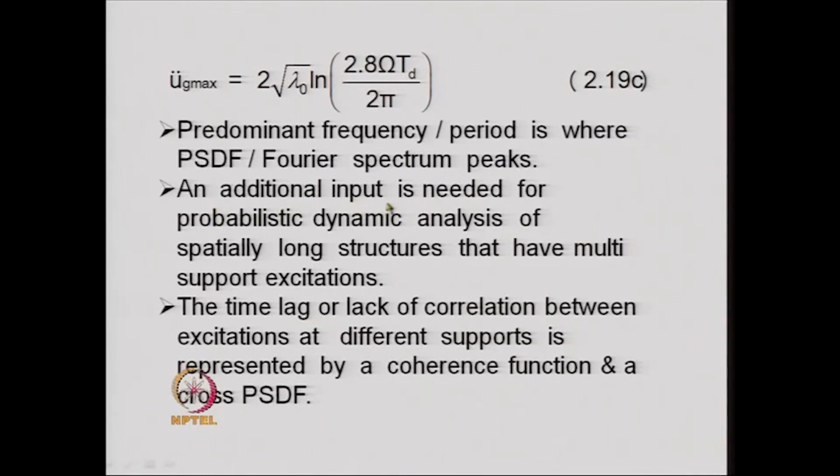An additional input is needed for probabilistic dynamic analysis of spatially long structures that have multi-support excitation. The time lag or lack of correlation between excitations at different supports is represented by a coherence function and a cross PSDF function.